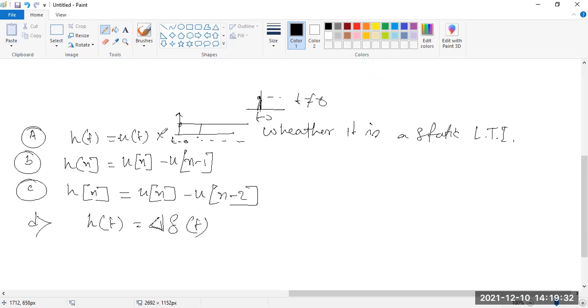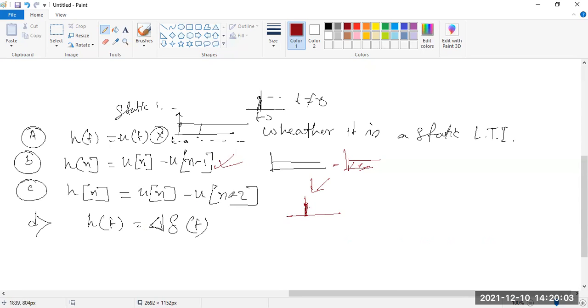So this is not a static LTI. And you can see u(n) is there, and one shifted, and if you subtract this, then the resultant will only come at this point. So this is a static LTI.